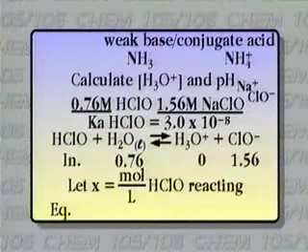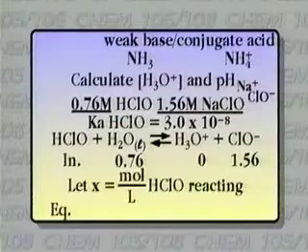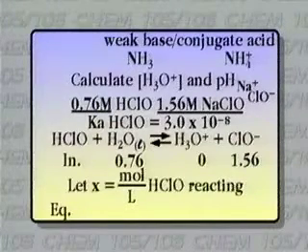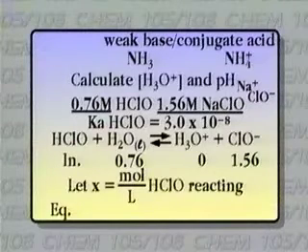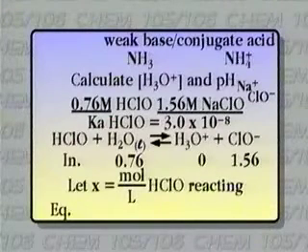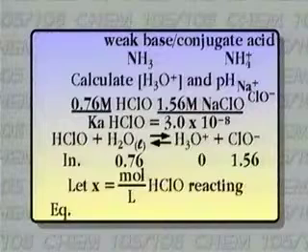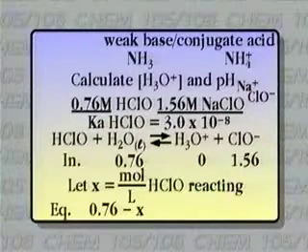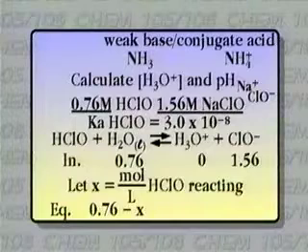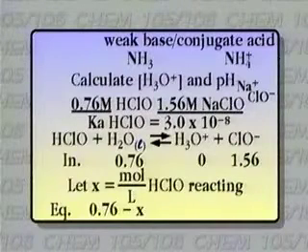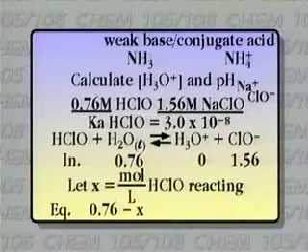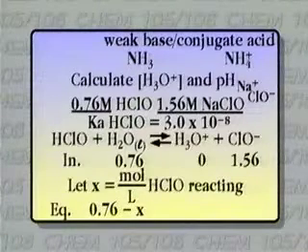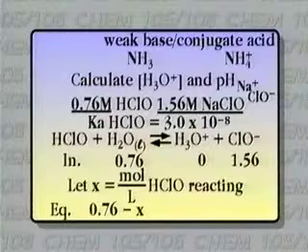How much of this will we have after equilibrium has been reached? This is just like the last two we did. Yeah, 0.76 minus X. That's what we started with. We just said let X equal the amount that reacted, so the amount that we're going to have left is 0.76 minus X.